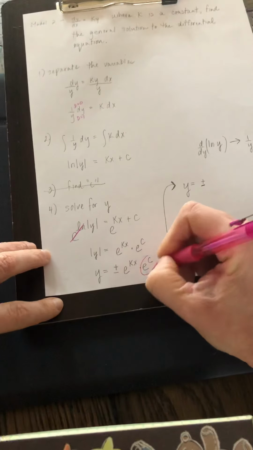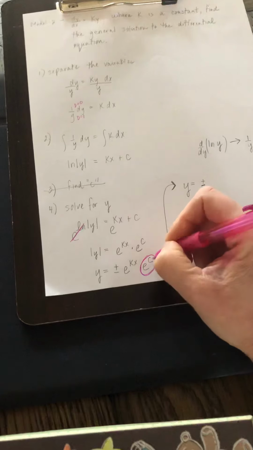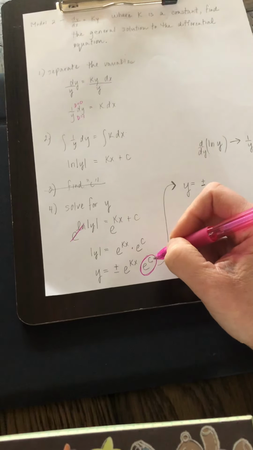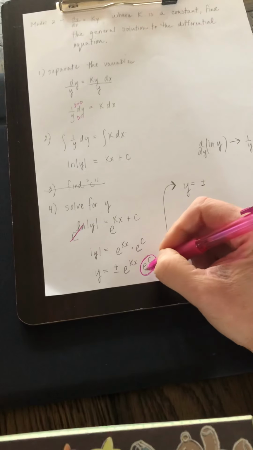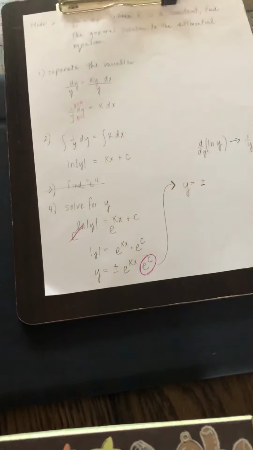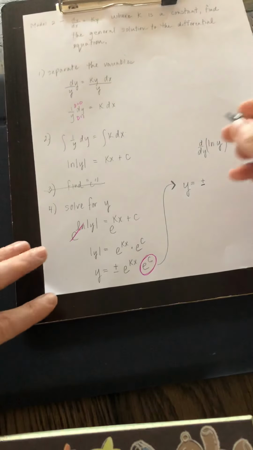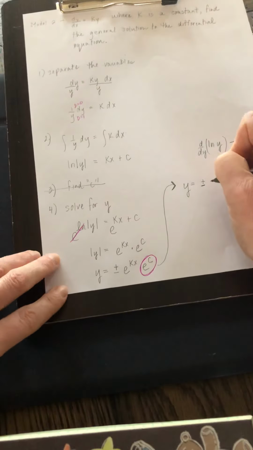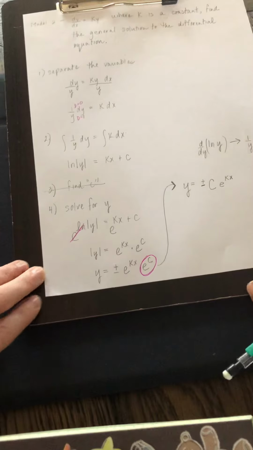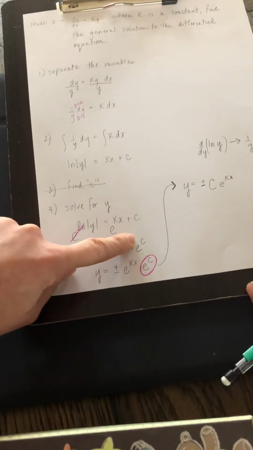And if you think about this, isn't this just a constant in and of itself? e to some number would just produce another number. So how this is rewritten is we just put a big C as the coefficient of e to the kx.